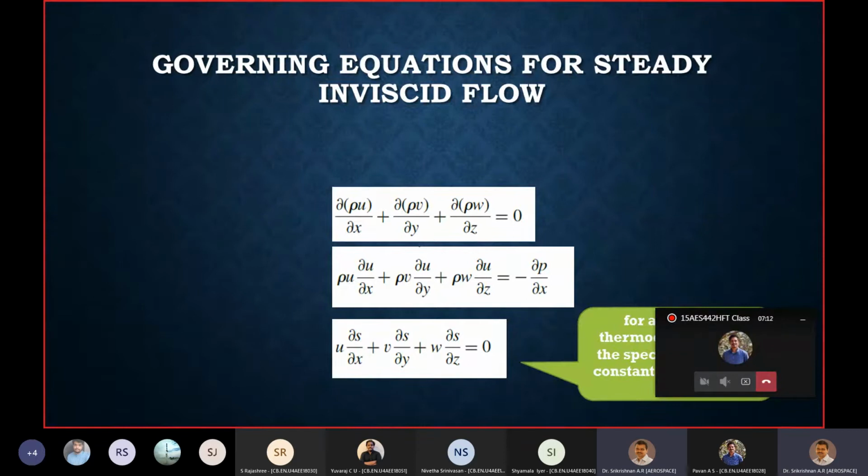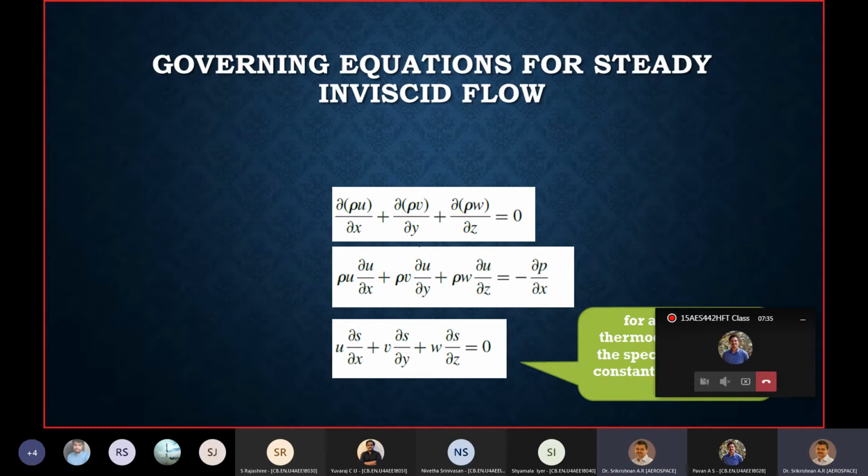So for steady inviscid flow, we can write the governing equations in the partial differential form. This you would have seen several times earlier, starting from fluid dynamics to some extent thermodynamics, etc. So we are just looking at them. Now, the statements are fairly obvious.